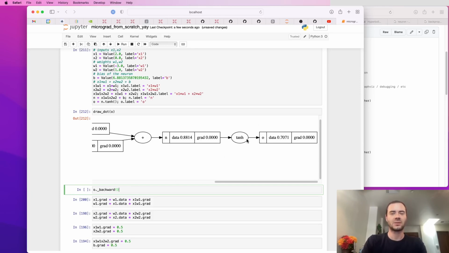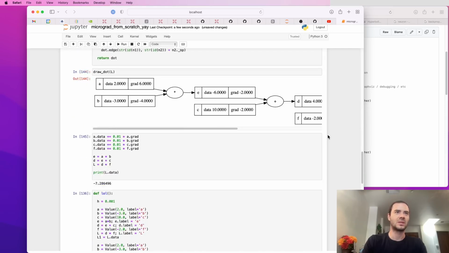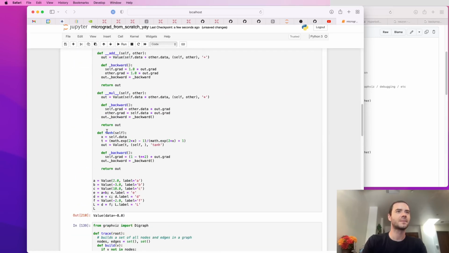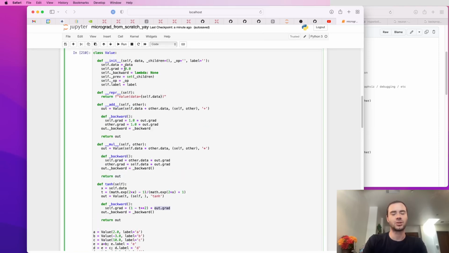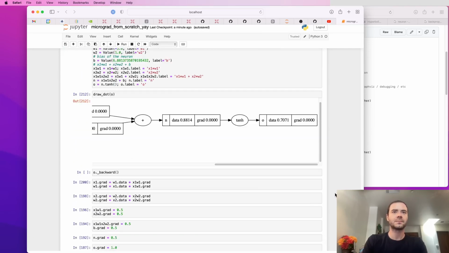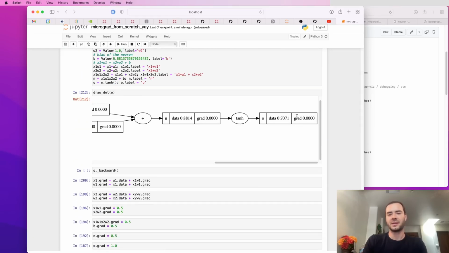So o was the outcome of tanh, right? So calling o's backward will be this function. This is what it will do. Now we have to be careful because there's a times out.grad, and out.grad, remember, is initialized to 0. So here we see grad 0.